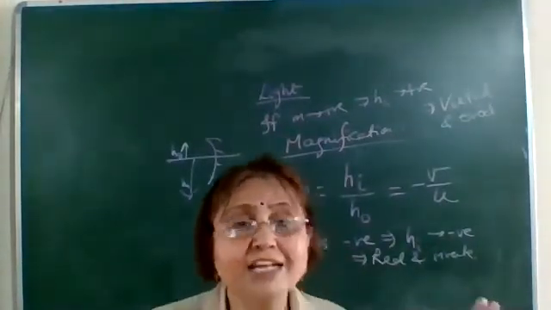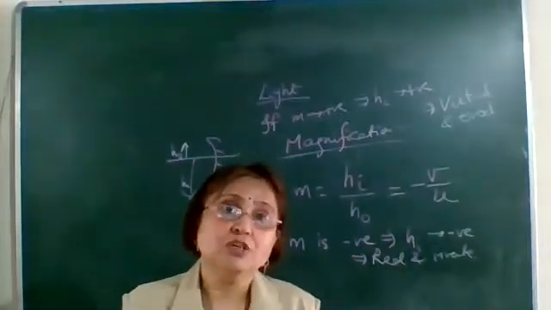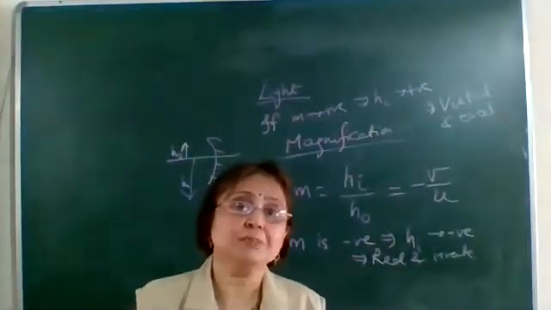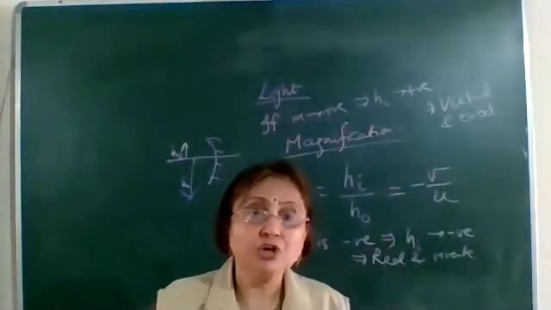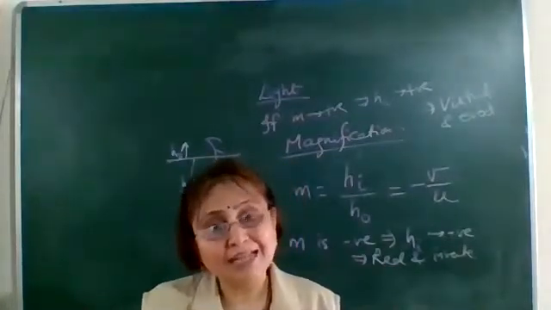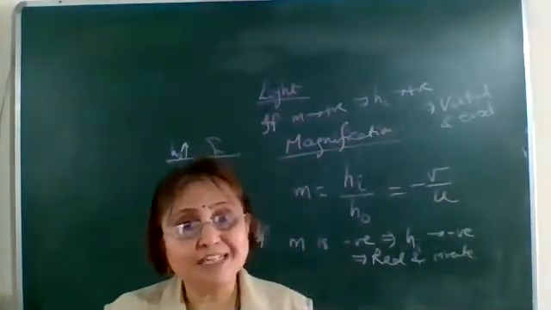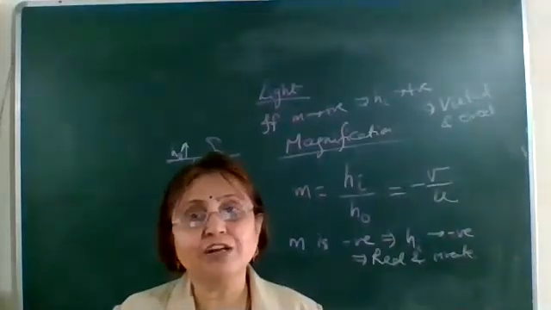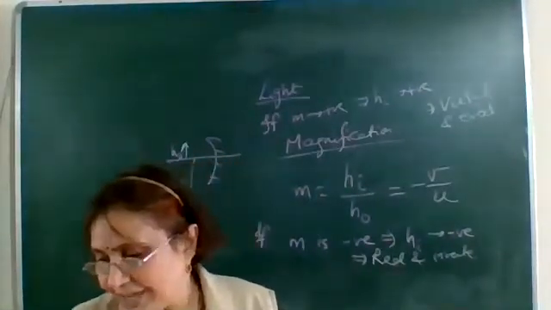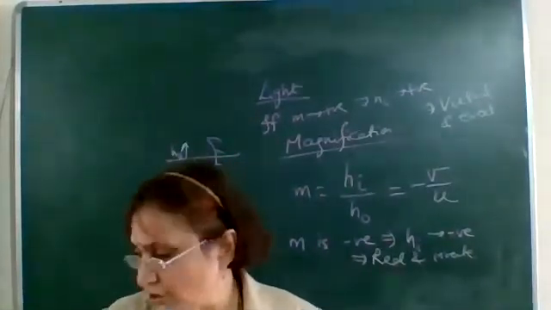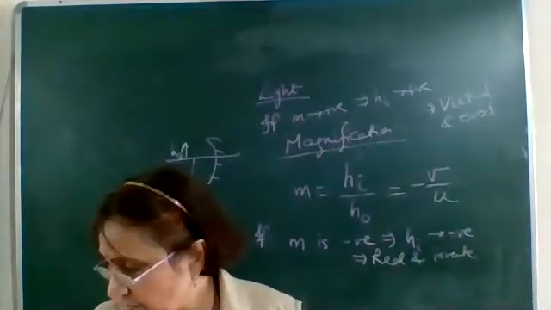So a wider field of view could be seen. Many vehicles coming behind could be seen in that small mirror. So as it gives an erect image and the image formed is diminished, a wider field of view could be seen. That is why convex mirror is used as a rear view mirror.